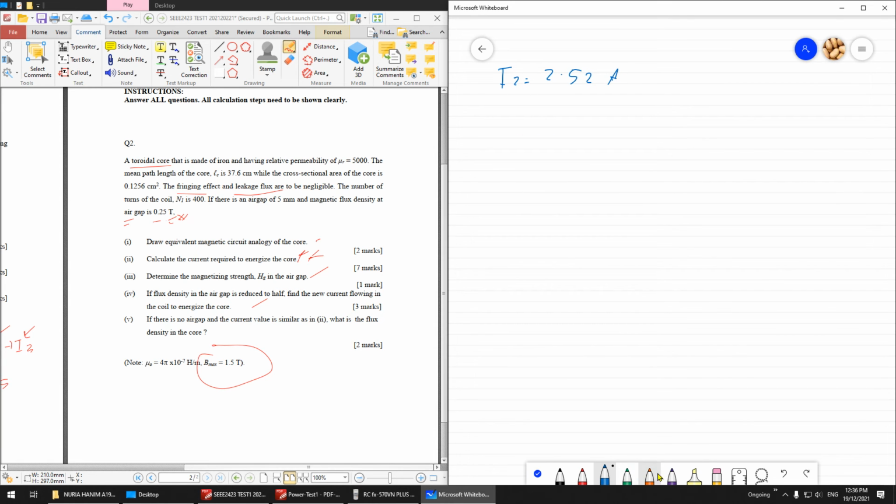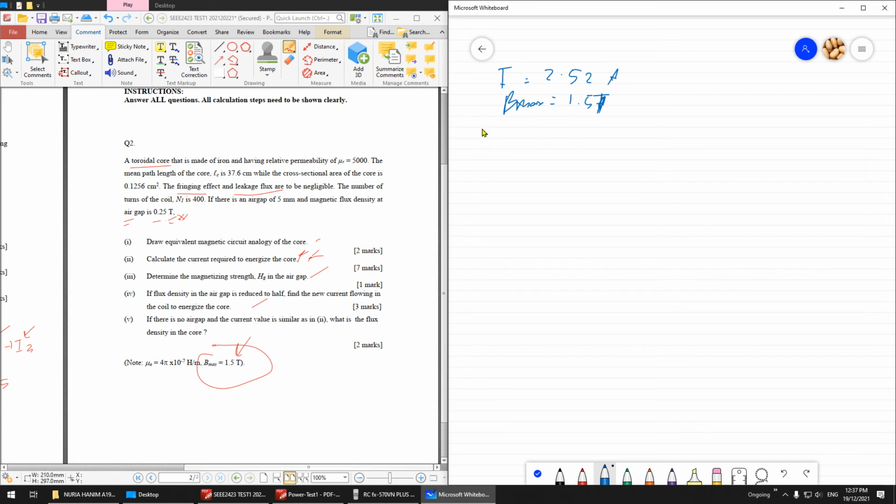This is the current, not I2, just I. You have to be careful because there is a B max of 1.5 Tesla.